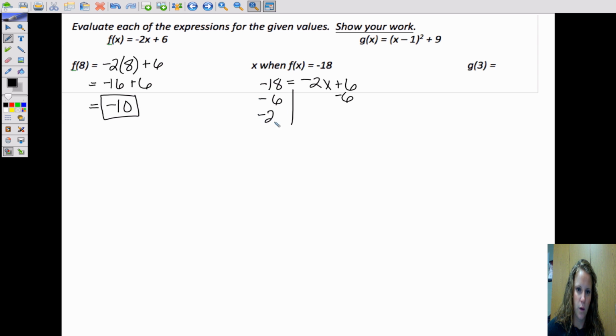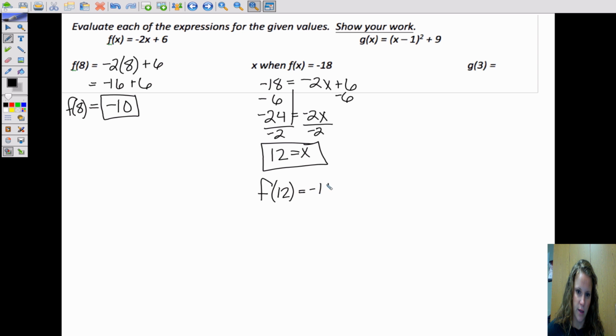We have negative 24 equals negative 2 times x. So I divide by negative 2, and I have positive 12 equals x. Okay, so this would have been f of 8 equals negative 10. This would be f of 12 equals negative 18, or x equals 12.